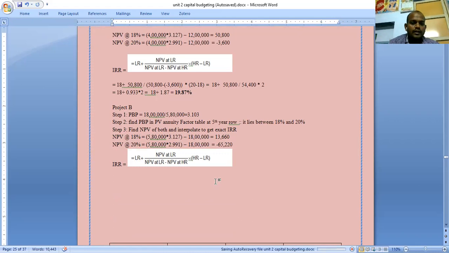So lower rate is 18% and higher rate is 20%. NPV at lower rate 13,660 by 13,660 minus of 65,220 into 20 minus 18.